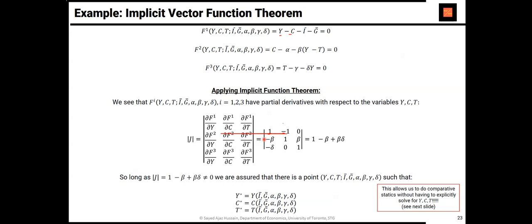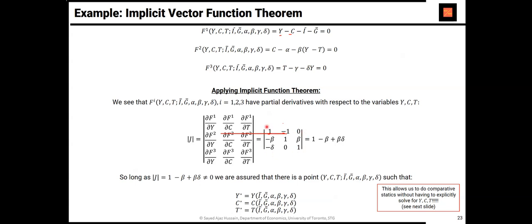And just to make sure we don't get lost, the second equation with respect to GDP: if I differentiate the second equation with respect to GDP, the answer is minus beta. The second equation with respect to consumption, you can see the answer is plus 1. The second equation with respect to taxes, the answer is plus beta. The third equation with respect to GDP, minus delta. The third equation with respect to consumption, 0. The third equation with respect to taxes, 1.